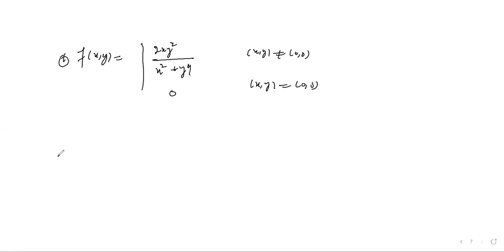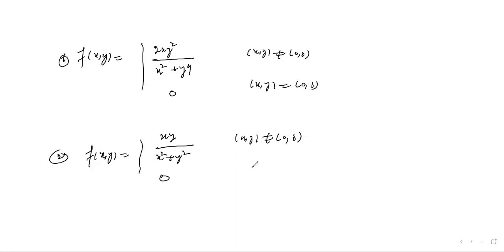The first, now second. Second is f of x comma y is equal to xy divided by x square plus y square, for x comma y not equal to 0 comma 0, and 0 for x comma y equal to 0 comma 0.